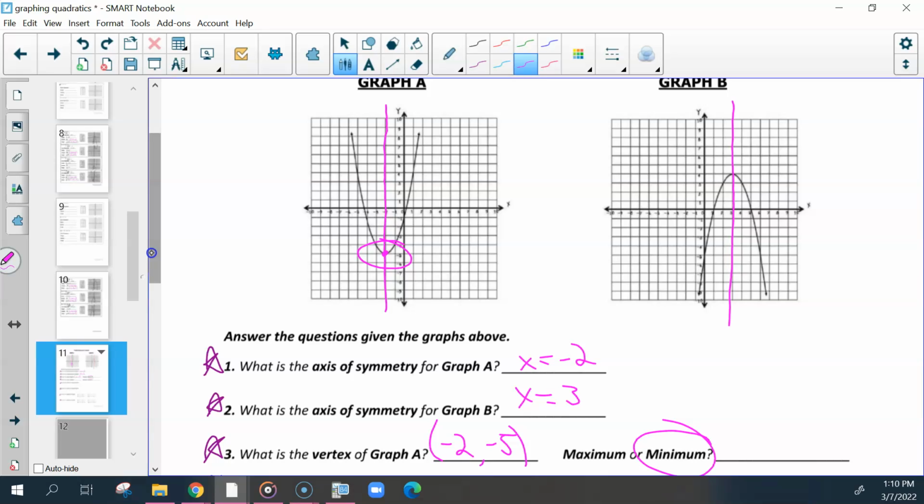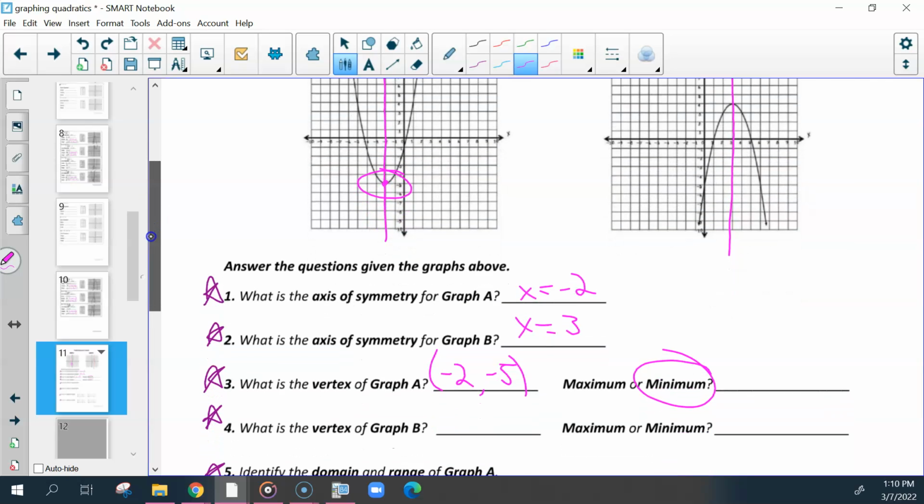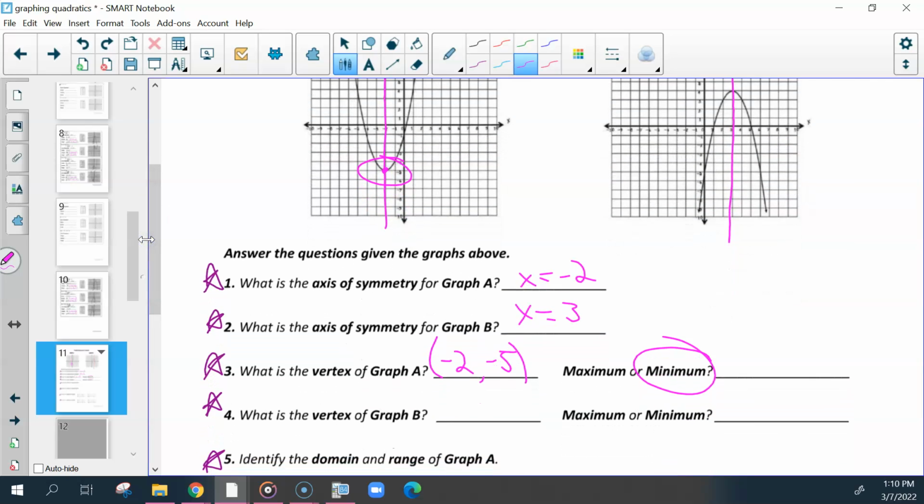So if you're given a graph, then you can just look and see, okay, where's the highest or where's the lowest point. I said that backwards. But for this one, the lowest would be at (-2, -5). What's our vertex for B? (3, 4), yeah. Would this be a maximum or a minimum? Maximum.